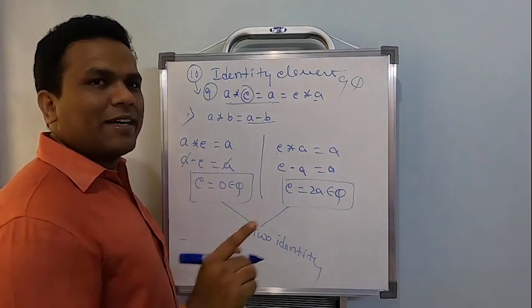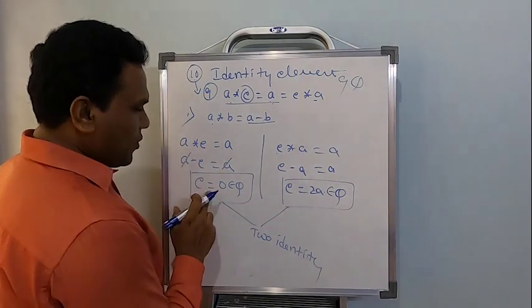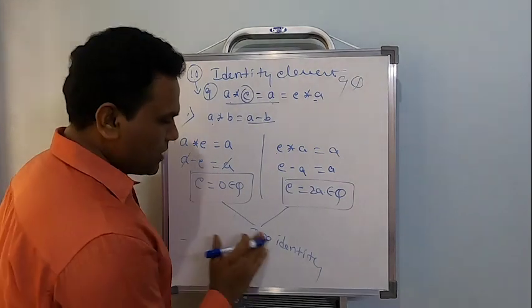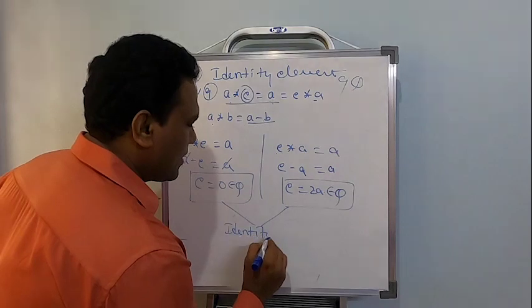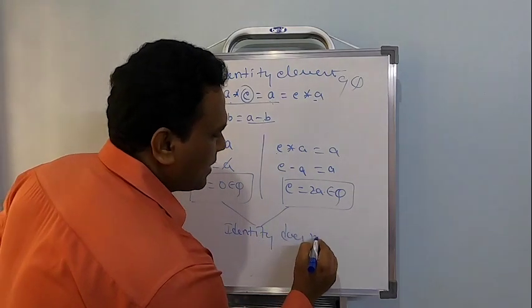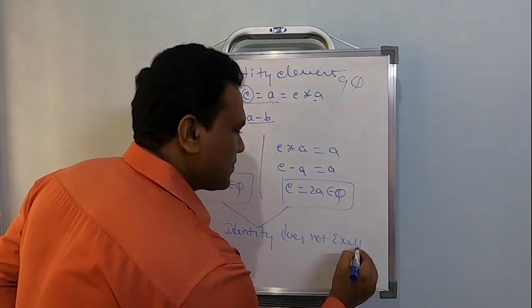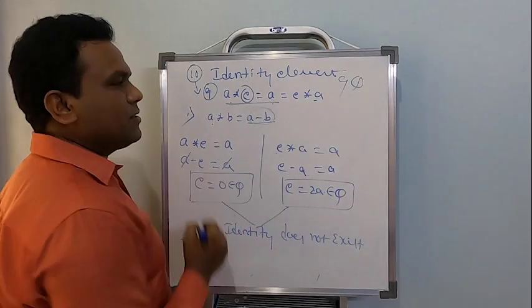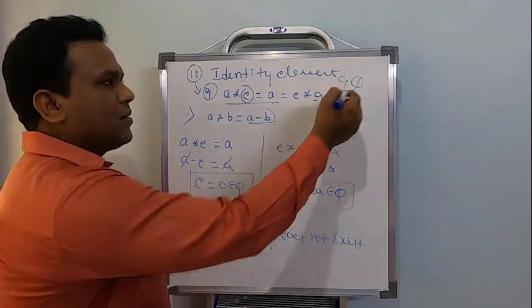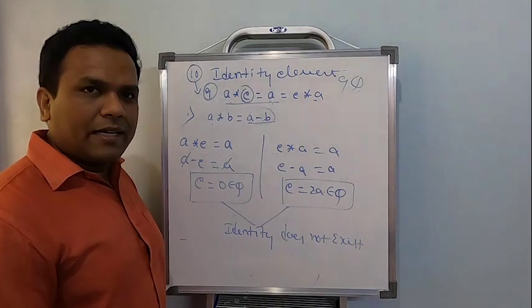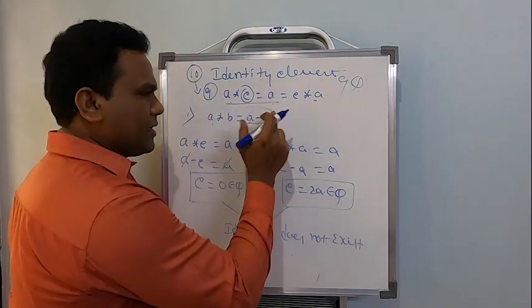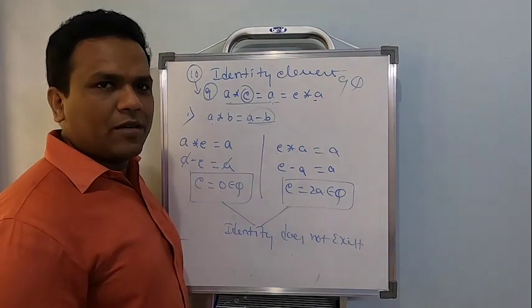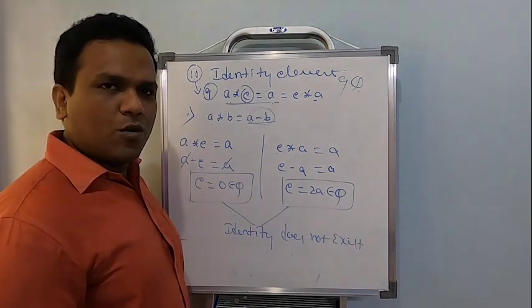So one set, one identity, that is the meaning. If you are getting two different identities, you just say that the identity does not exist. That's it. So according to this definition, on the set of rational numbers, the identity element does not exist. If it exists, you simplify by using this or by using this. In both cases, it has to give me the same element. Hope it's fine, students.